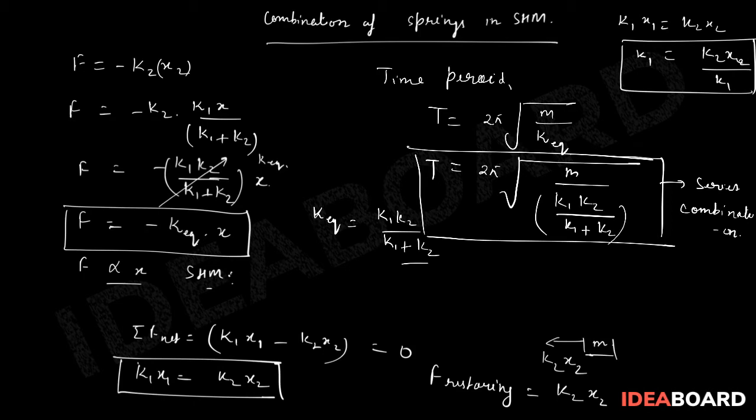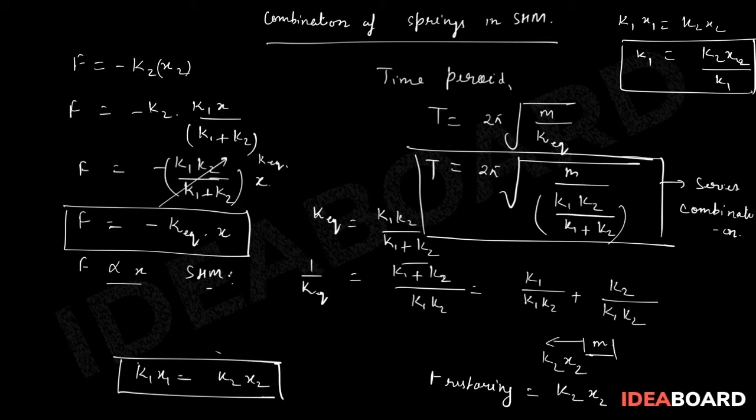So what I observed interestingly here is that K equivalent is K1 K2 upon K1 plus K2. I can take the reciprocal. So 1 upon K equivalent is K1 plus K2 upon K1 K2. It can be written separately as K1 upon K1 K2 plus K2 upon K1 K2, right?